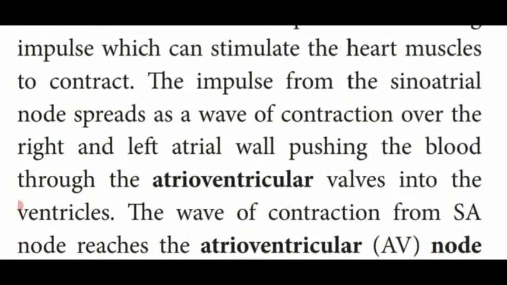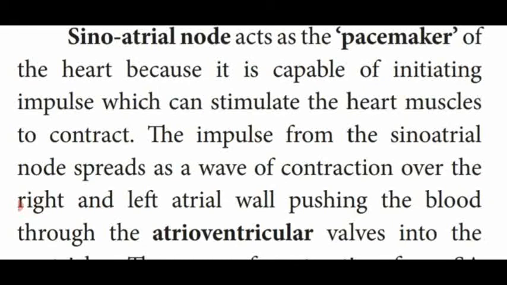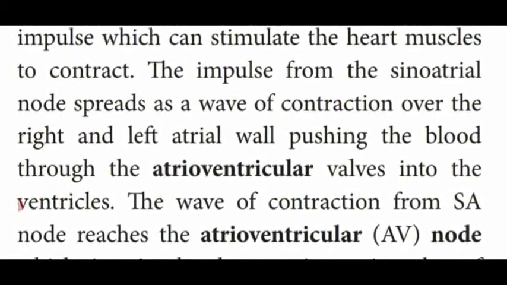So, the SA node creates the impulse with the help of heart muscle. This impulse spreads over the right and left atria in the form of a wave, pushing the blood into the ventricles through the atrioventricular valves.